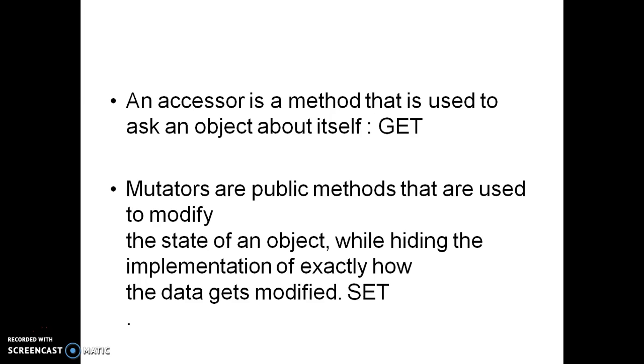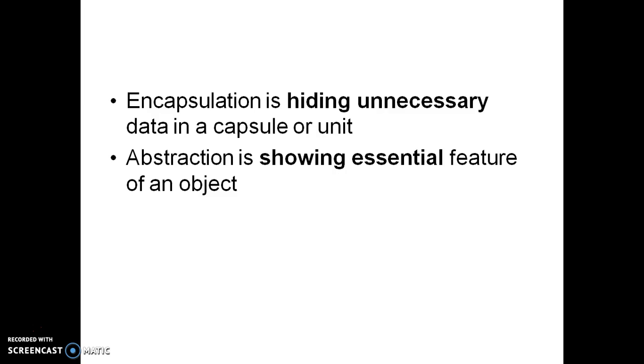Mutators are public methods that are used to modify the state of an object while hiding the implementation of exactly how the data gets modified. These are typically setter methods. So for example, getAge will get the age of the student, and setAge will be able to modify the age of the student subsequently. Encapsulation, therefore, is hiding unnecessary data in a capsule or unit, and abstraction is showing essential features of an object.